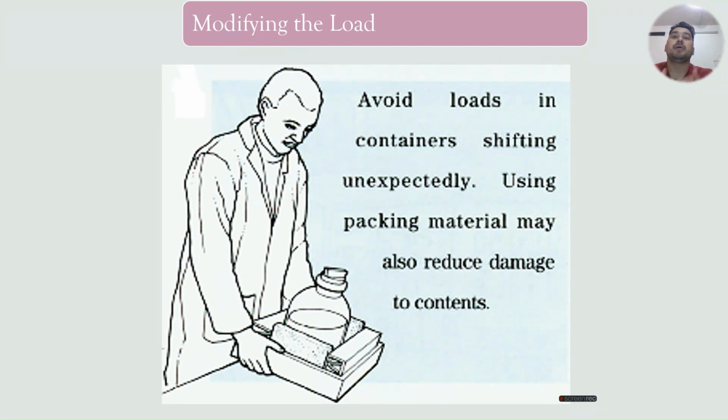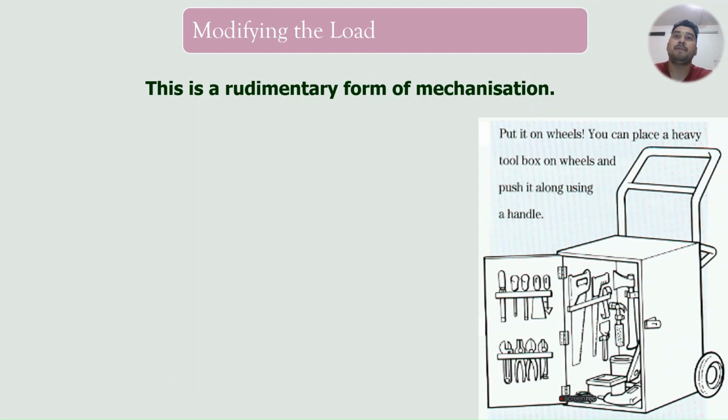So whenever you are transferring the load, avoid transferring it in a container, because loads may shift unexpectedly, and that can increase the risk and hazard related to manual handling. Make sure you pack them properly, so that you can avoid damage and reduce the risk of shifting unexpectedly when you are transferring the load.